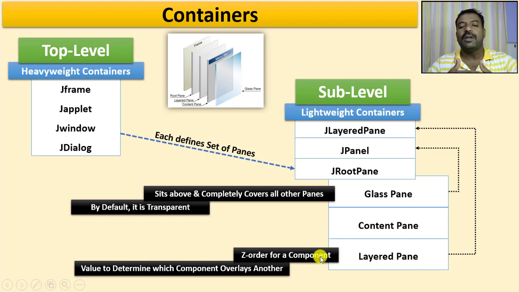That is the depth, which is the first pane, the second pane, or the first component, second component. This will depend upon the depth, that is the z axis, and so we call this the z order for a component. The z value will determine which component overlays another component. That is what I am going to have in the layered pane.